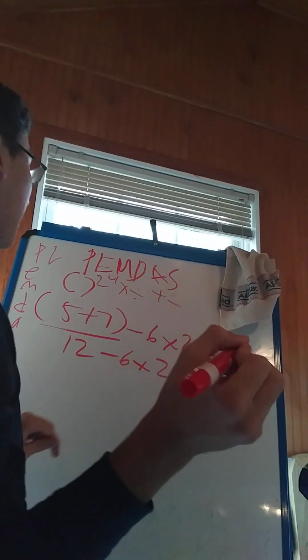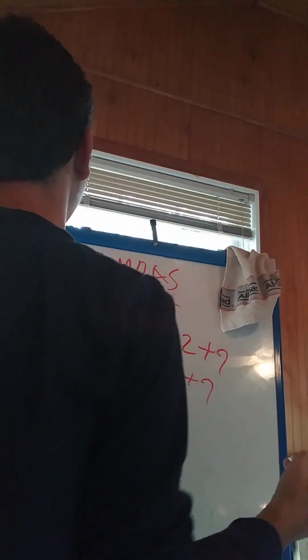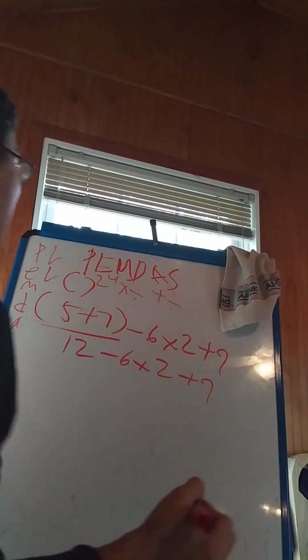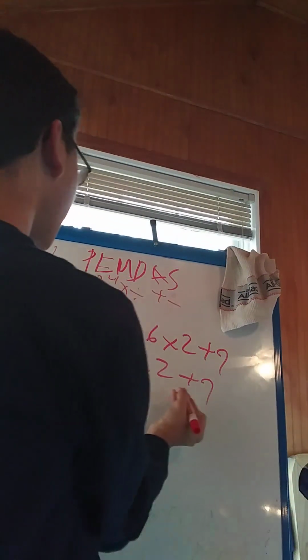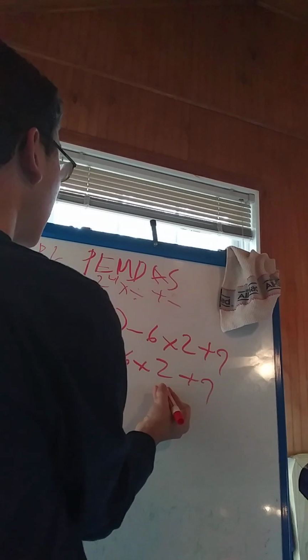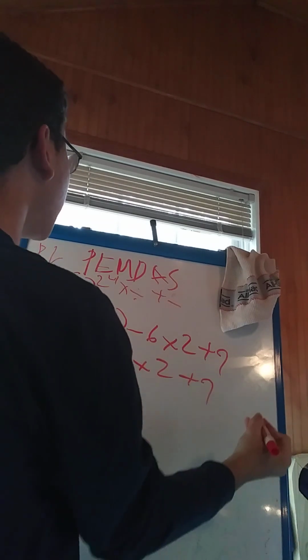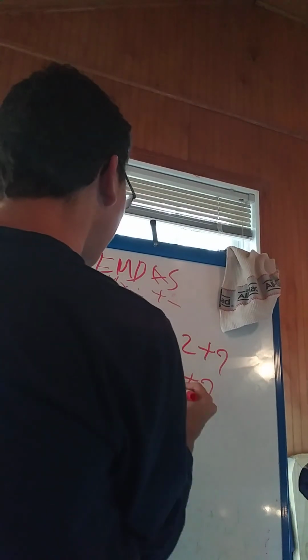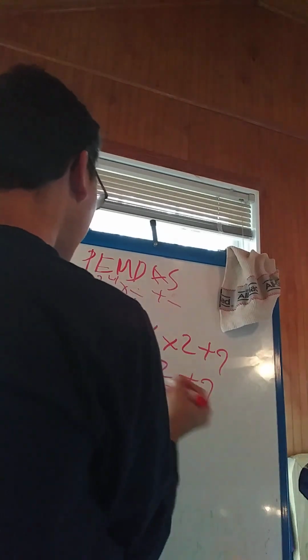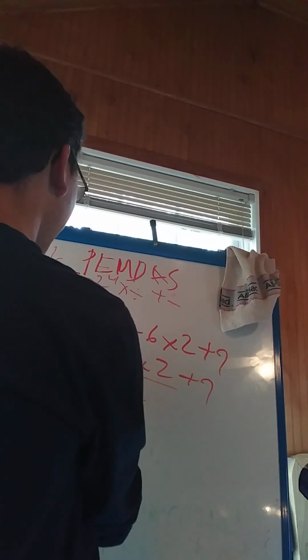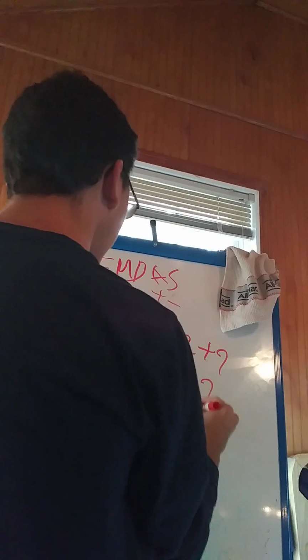I don't see any exponents here anywhere, so we don't need exponents. Now, what about multiplication? Oh, I see a multiplication problem right here. So 6 times 2 is 12. And then drop everything else down.